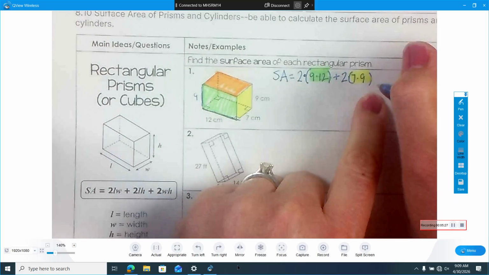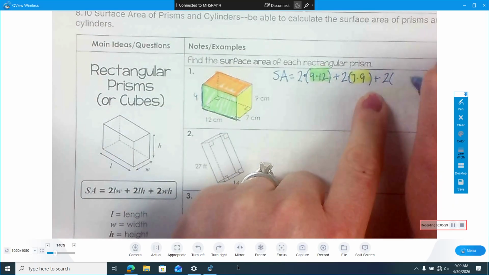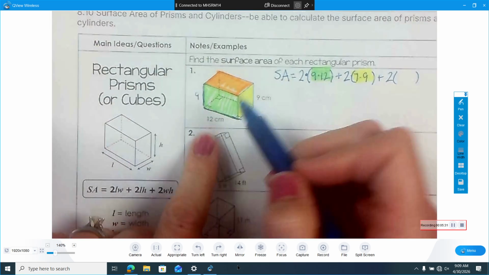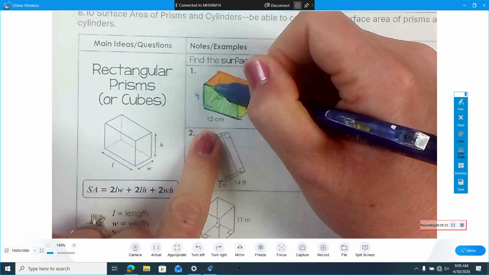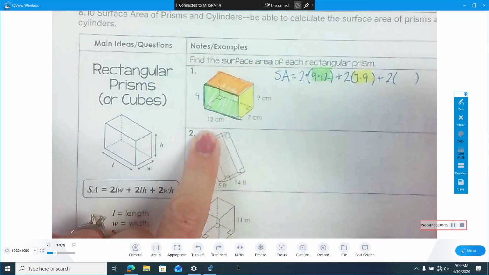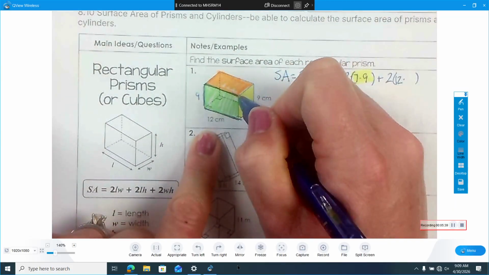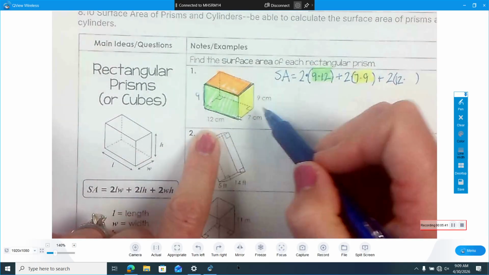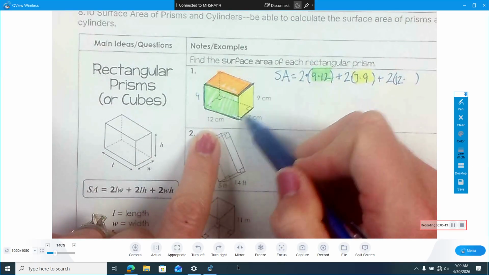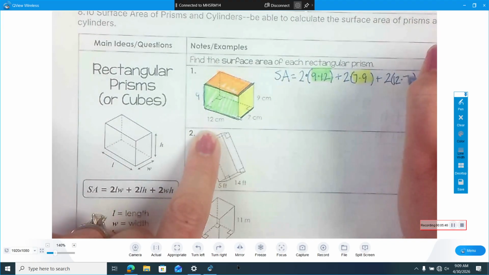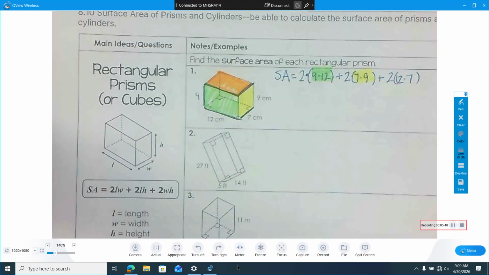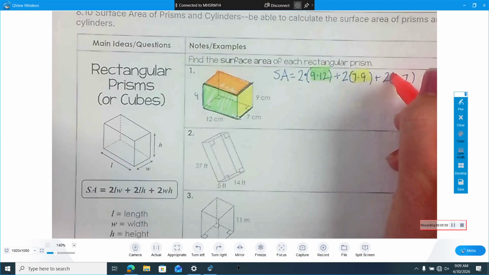And so again, I'm just going to add 2 times my orange stuff. All right, my orange rectangle, what's the length of it? 12. And what's its width here? 7. 7 matches this 7 right there. So 12 times 7, and that is the orange bit. And there's 2 of those.